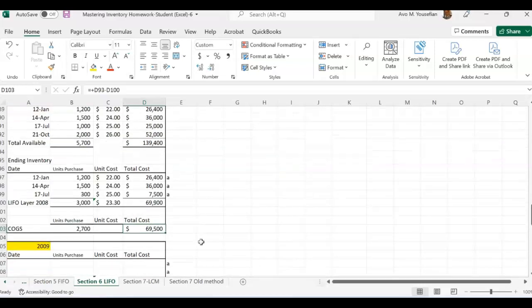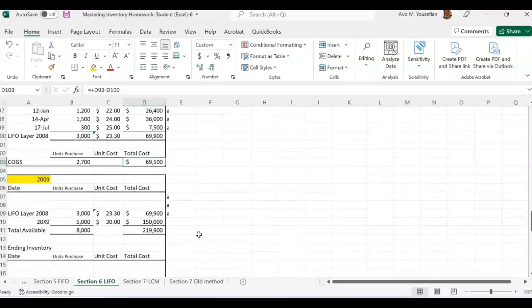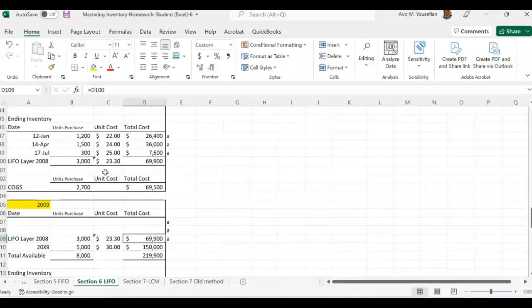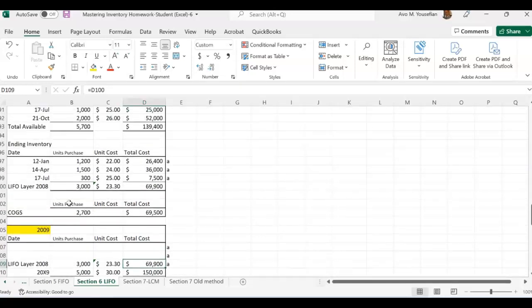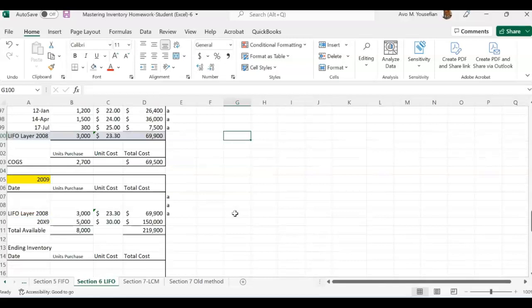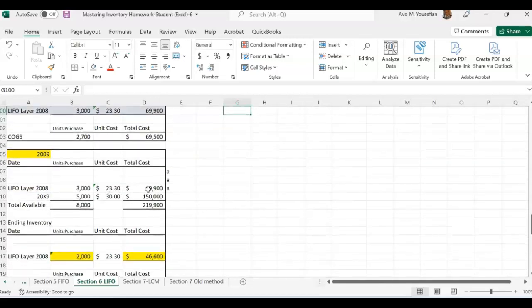So far, so good. Let's go down to 2019. In 2019, we already have the LIFO layer that came from the top, from here. So we have that.